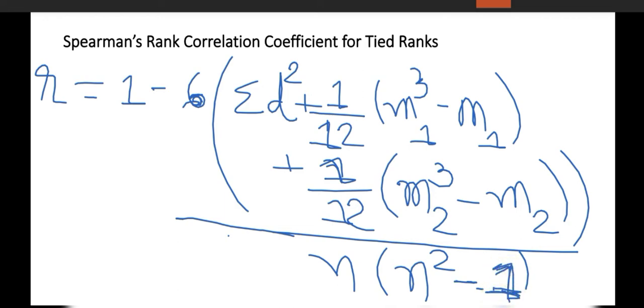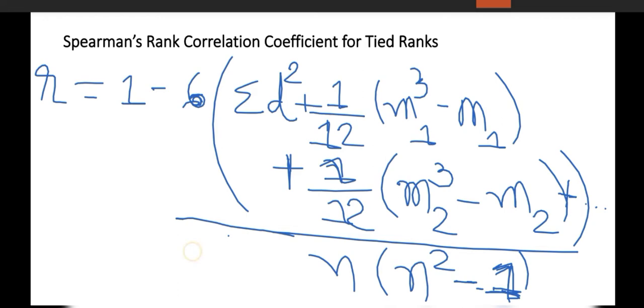So the formula is R is equal to 1 minus 6 into the bracket sigma d square plus 1 by 12 m1 cube minus m1 plus 1 by 12 m2 cube minus m2 and so on, divided by n into n square minus 1.